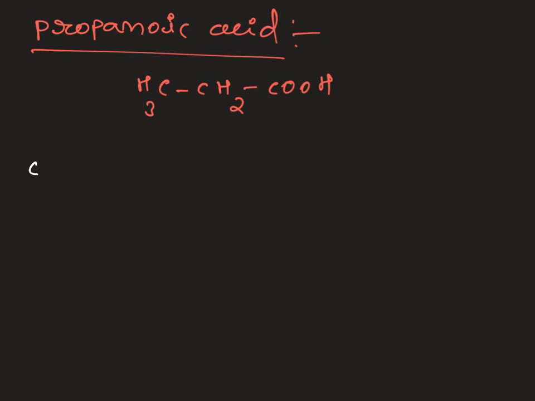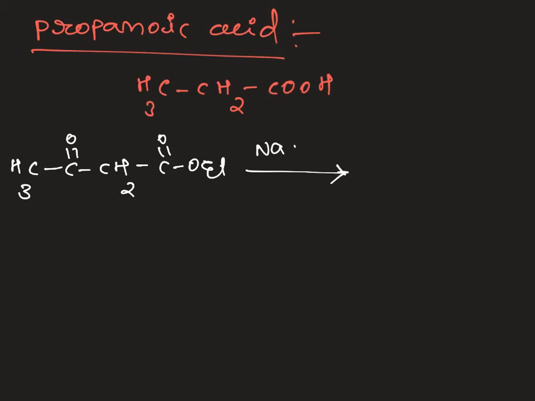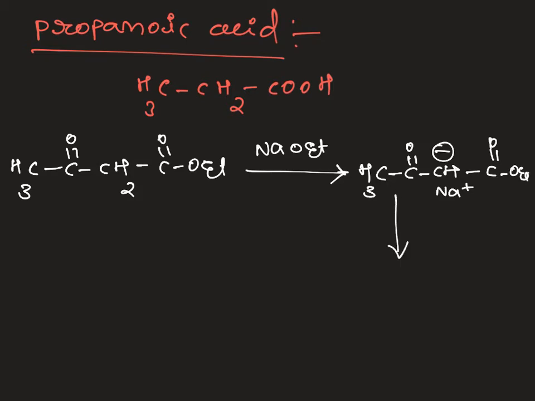Here I am using ethyl acetate. The first step is formation of enolate by using base, and it will form the sodium salt of ethyl acetate. Now I have to react with an alkyl halide.